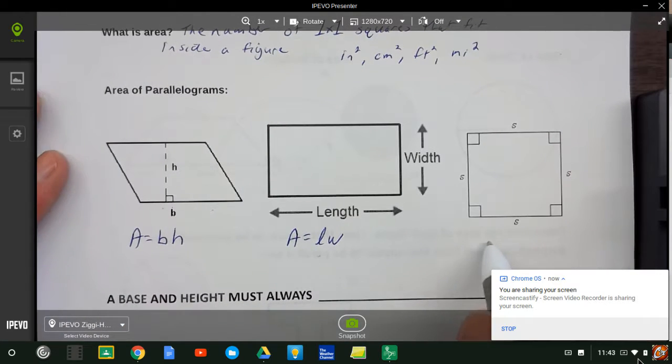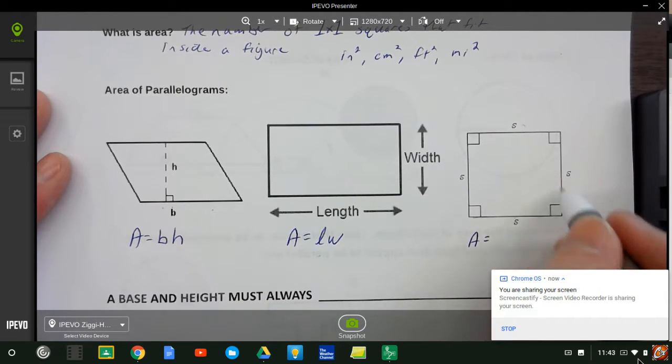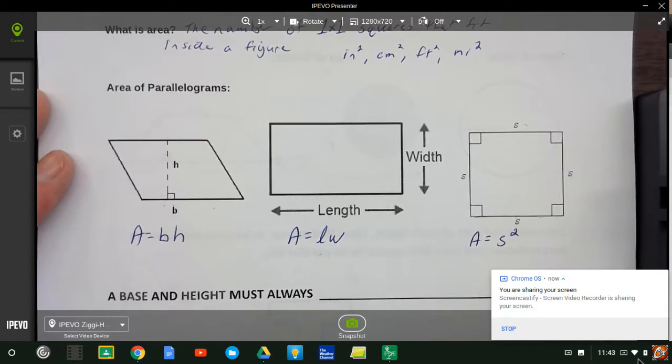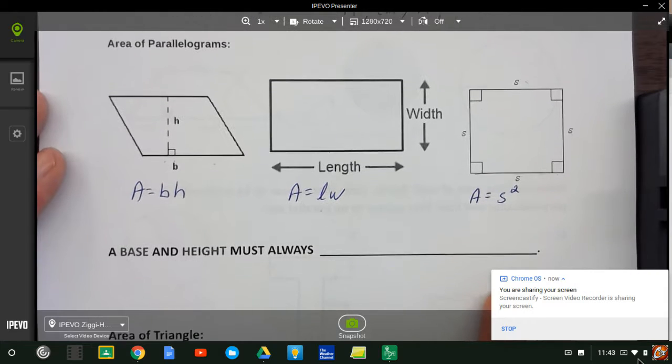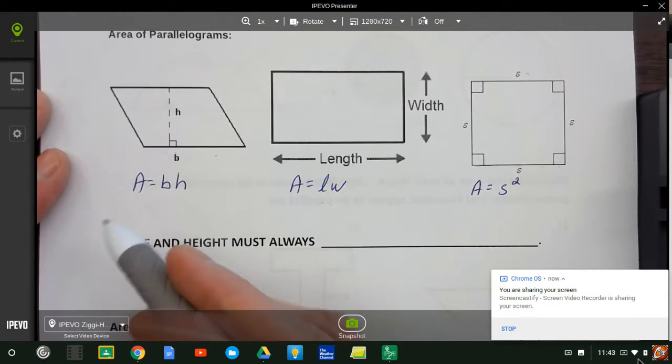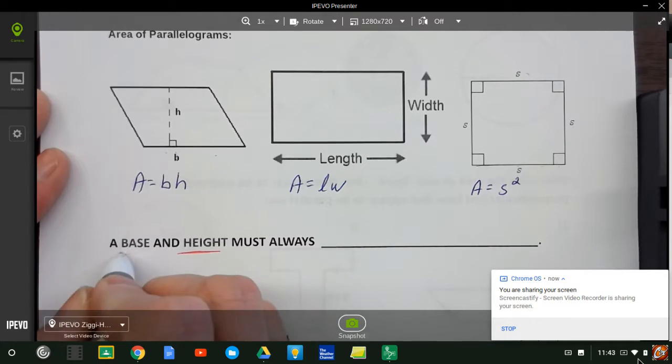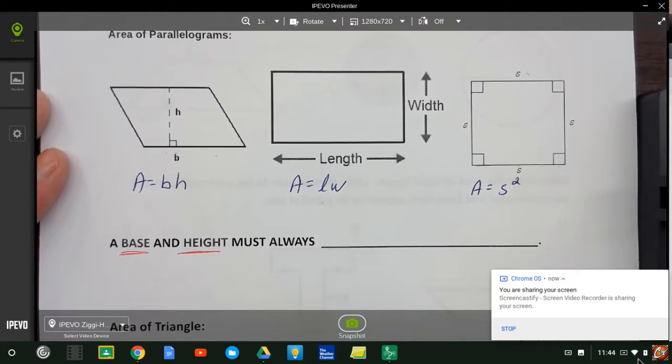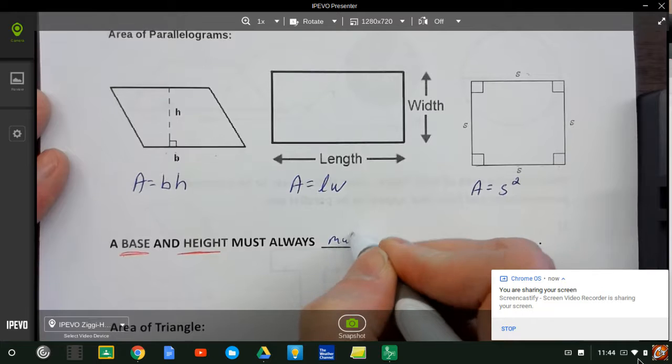And in a square, well, since a square has all four sides the same, an easier way to look at it, if I do side times side, is just side squared. But when it comes down to basics, all three of these are the same formula. They're just a different version of the same thing. What you have to be careful of, and this is major through all of the stuff that we've done, this base and height, those things must always make a right angle.